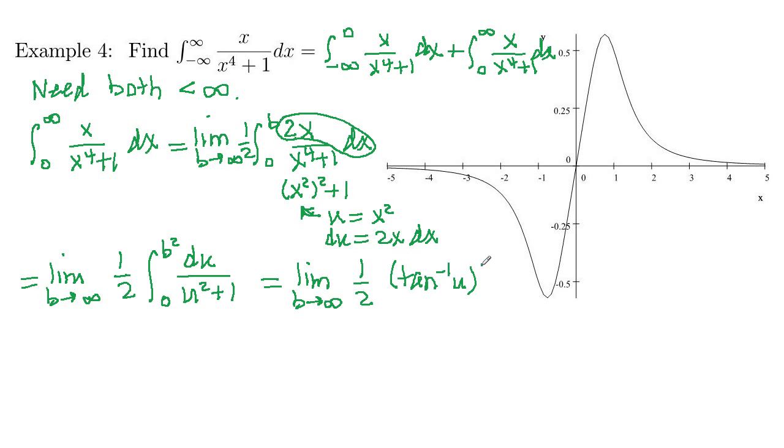And we're evaluating from 0 to b squared. So limit b goes to infinity, 1/2, and then we're plugging in b squared, plug in 0, and subtract. So inverse tan b squared minus inverse tan of 0.